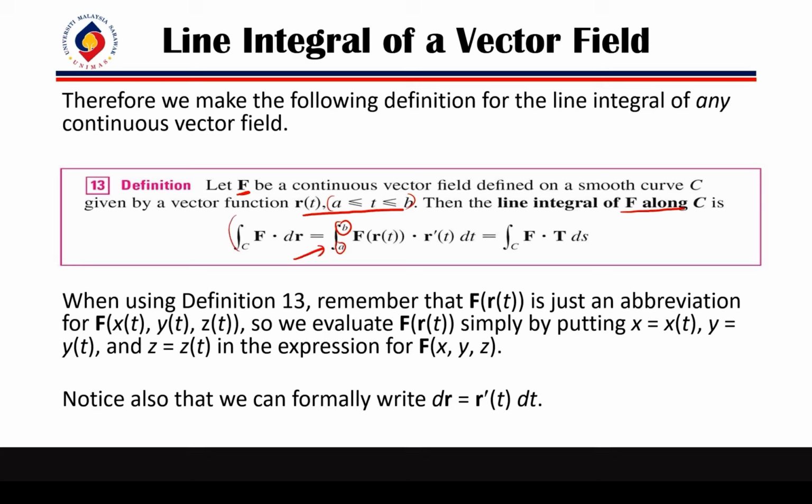So the formula that we had previously we can express this way to make it easier for you to solve the problem. Because you are given the limits a and b and the vector function r(t), and you have to parameterize it.